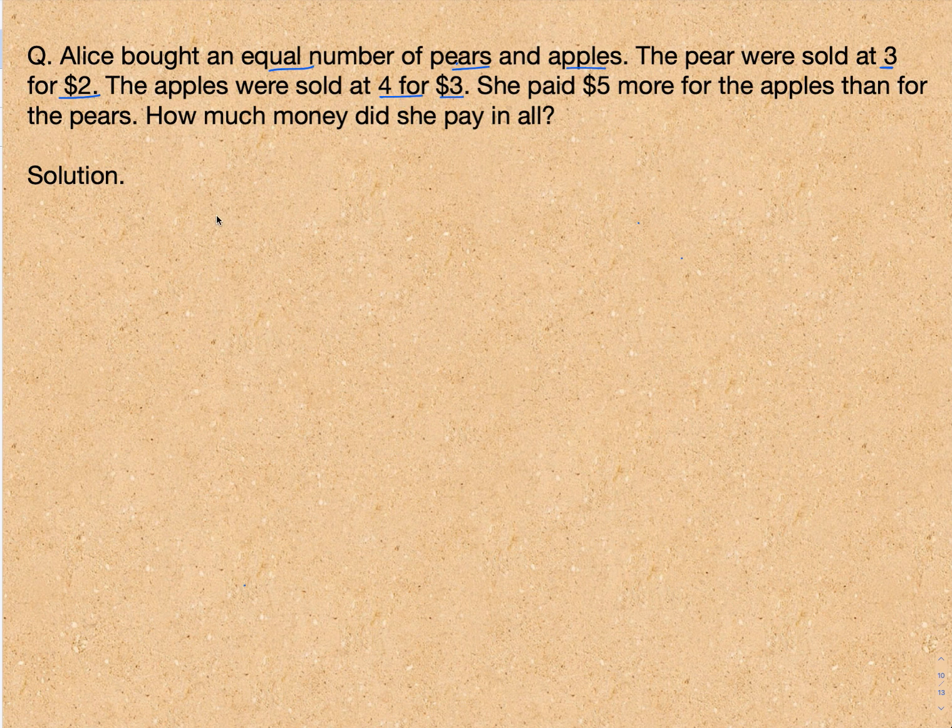Okay, so let's start writing the information we have. Let's say we have our pears here and our apples here. From the question, she can buy 3 pears, let's say P for pears, for $2, and 4 apples for $3.